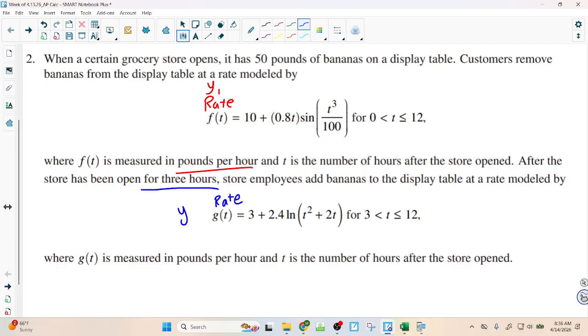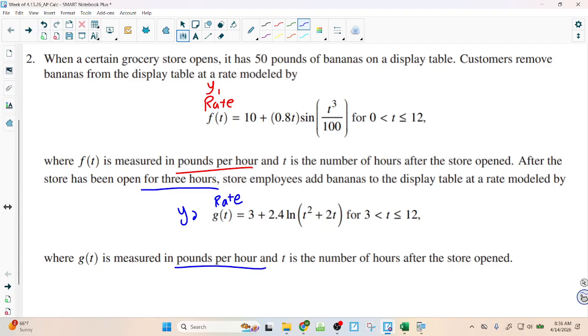We'll call that y2. So some bananas are going away, some bananas are coming in, and this is measured in pounds per hour, which is another rate, and t is the number of hours. Let's just say we have those in our y1 and y2 in our calculator at some point.